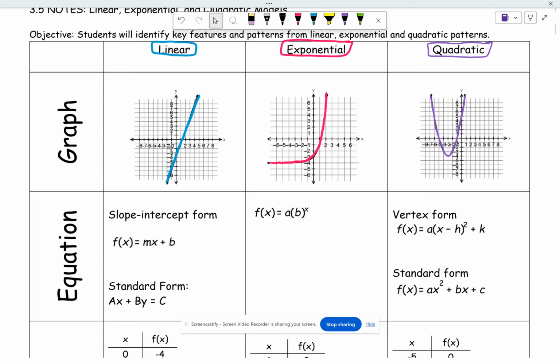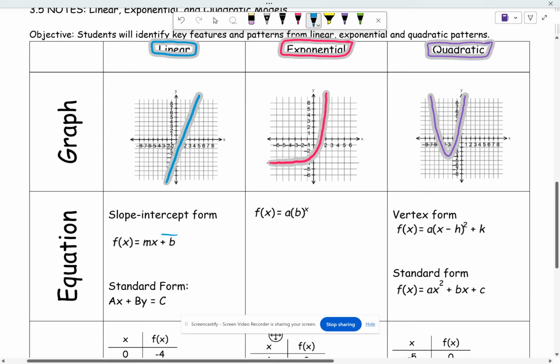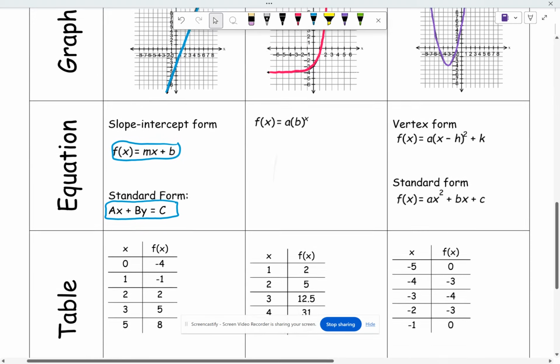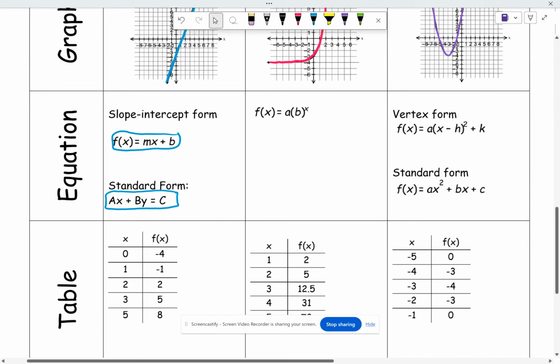All right. So you've got these 2 equations here. We've got slope-intercept form. We've got standard form. There's also point-slope form, which is not listed here. That's okay. The identifying feature of a linear function is that I have an x with no exponent, with an exponent of 1.